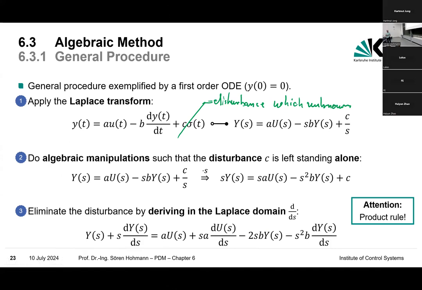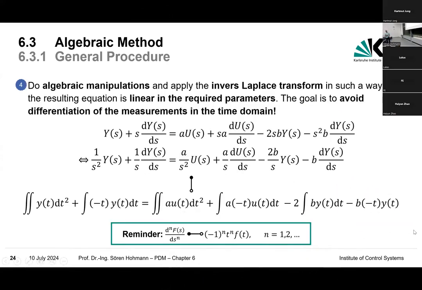So we have the derivative in the Laplace domain. Horrible at first glance, but yeah, it is as it is. The wonderful thing is that c disappeared, so we have no disturbance at all. That's it. So this is our equation, and now we use this equation at the very end.